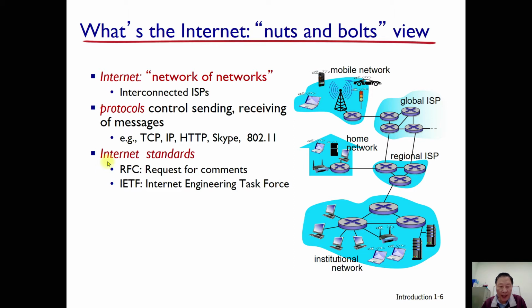We need internet standards because in the world there may be many different networks. We need to hook them up together based on these standards. Thus, in the communication field, standards are very important.